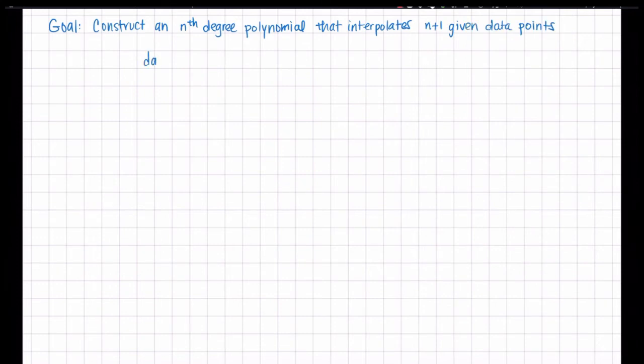So data is given, and it looks like ordered pairs, for example. x naught, y naught, x1, y1, all the way up to xn, yn. These are given. This is n plus 1 because I started from 0 there.